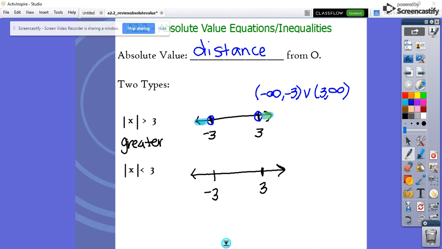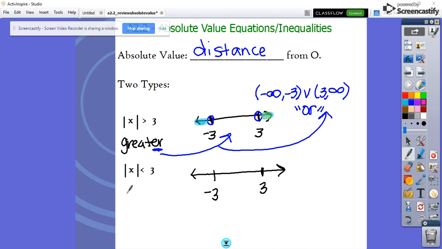Here's what I want you to think of. This is called an OR statement. Greater is an OR. 2 shades on the number line, 2 inequalities when we go to interval notation. Okay? 2 and 2. Greater is an OR. 2 inequalities, 2 shades.